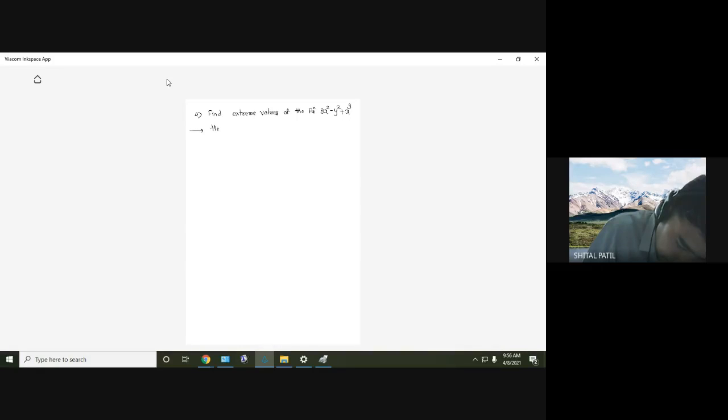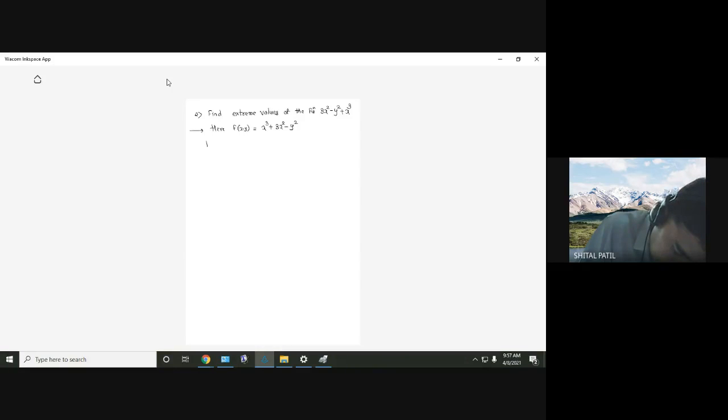Here f of x y equal to x cube plus 3x square minus y square. Okay.